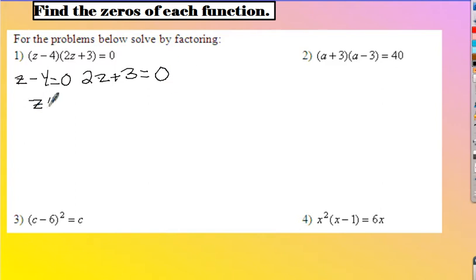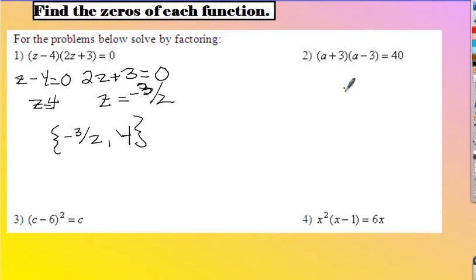So either z has to equal 4 or z has to equal -3/2. Both of these numbers will work if you plug them back in, and both of them should be included in your solution set, -3/2 and +4.